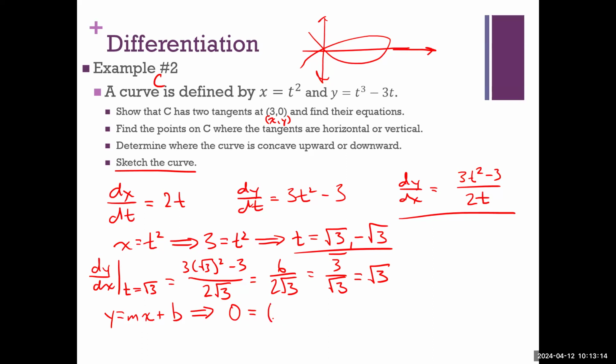So 0 equals m, which is radical 3, times x, which is 3, plus b. So what does b equal? Negative 3 radical 3. So here's the equation of one of those tangent lines: y equals radical 3 x minus 3 radical 3.